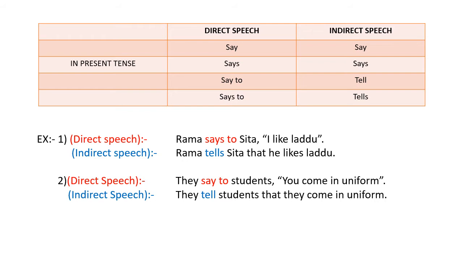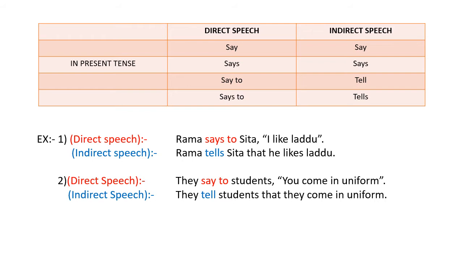Here in the first example, Rama says to Sita, why s is added to say? Why? Because Rama is the third person singular. In the simple present tense, the verb includes s or es.